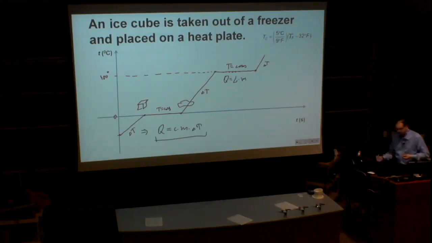So some constant related to the material. And these constants, of course, have been measured. They have names. Lowercase c has a name, a specific heat of the material, and capital L, the heat of fusion. It's on the next slides.